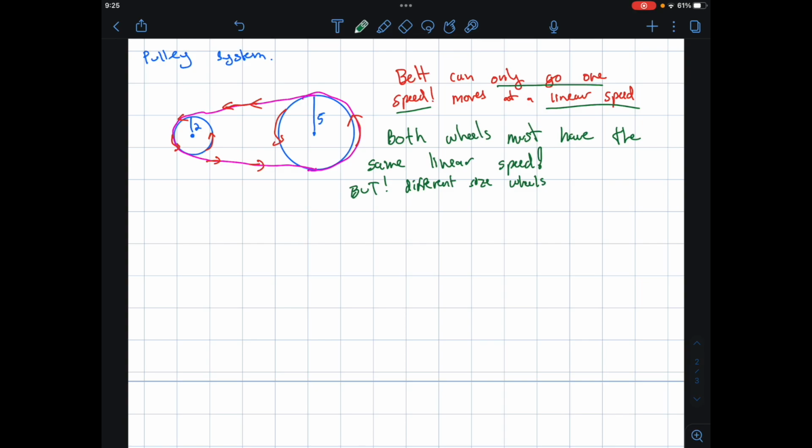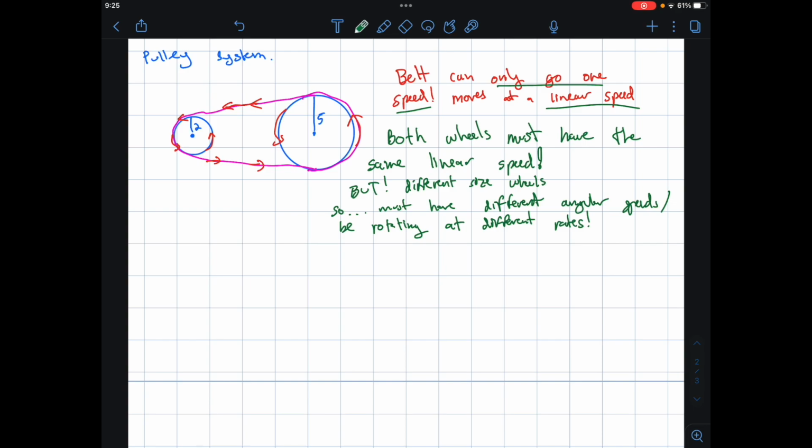So what happens is that they must have different angular speeds, or be rotating at different rates.